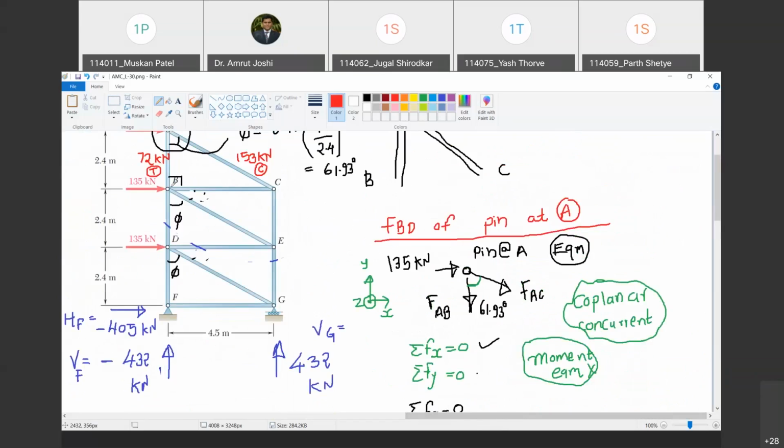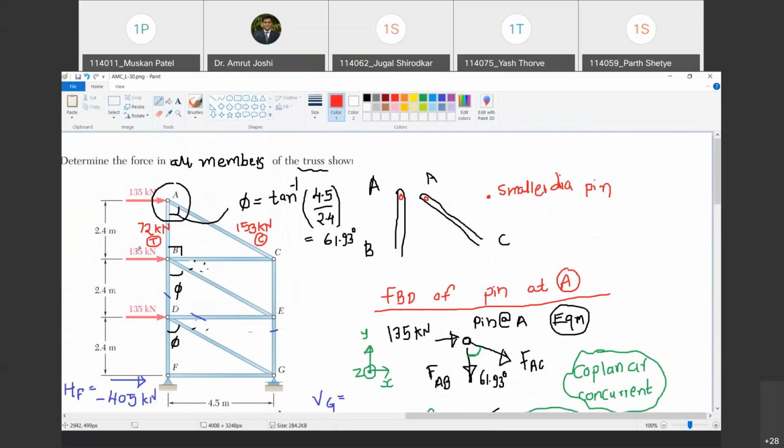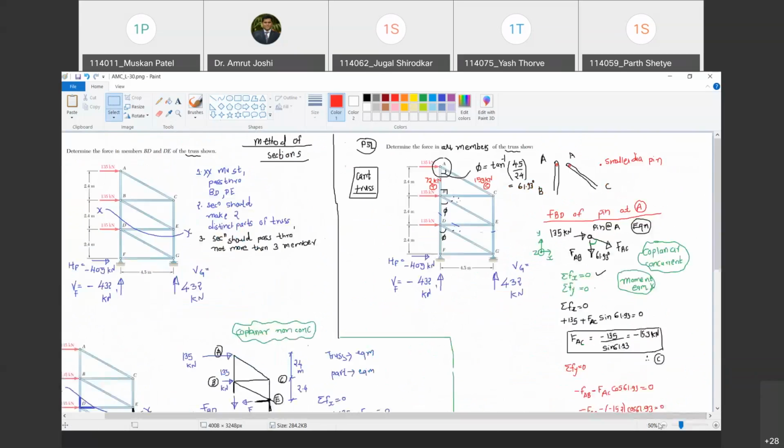So now we have a choice now. Either we can draw free body diagram of pin at B or pin at C. So let me try and draw those diagrams. So let us copy this. Just give me a minute. Let me copy it. Let us copy this much portion.